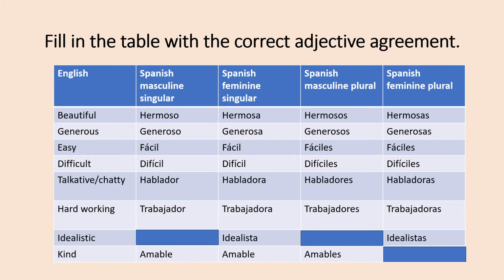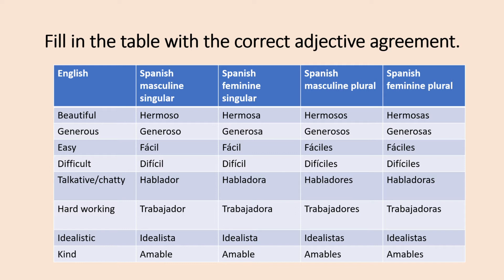Idealistic, you might have an idealistic person, so idealista, idealista, idealistas, idealistas. And a nice alternative use for simpático, we have amable. So we've got amable, amable, amables, and that must leave amables for feminine plural.